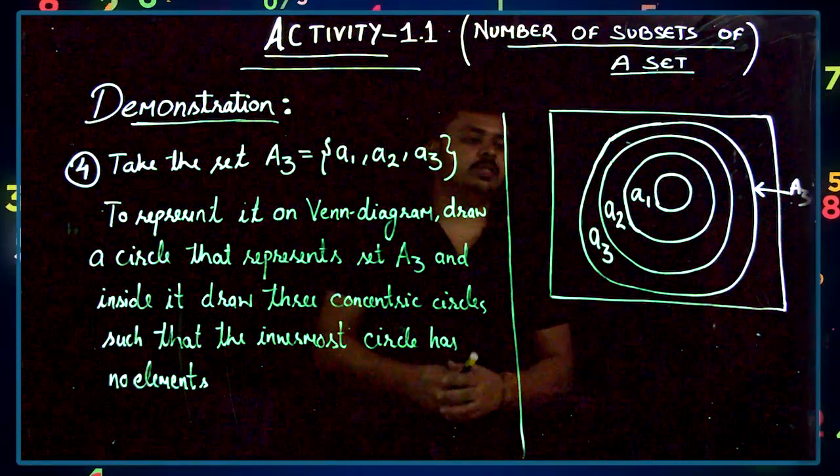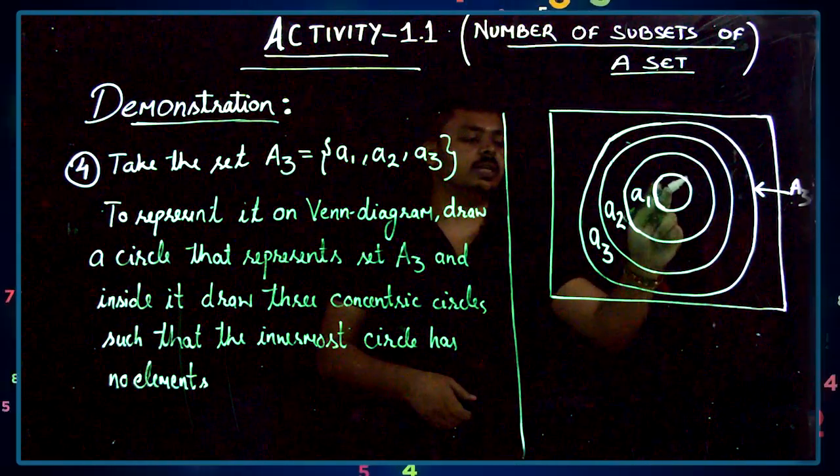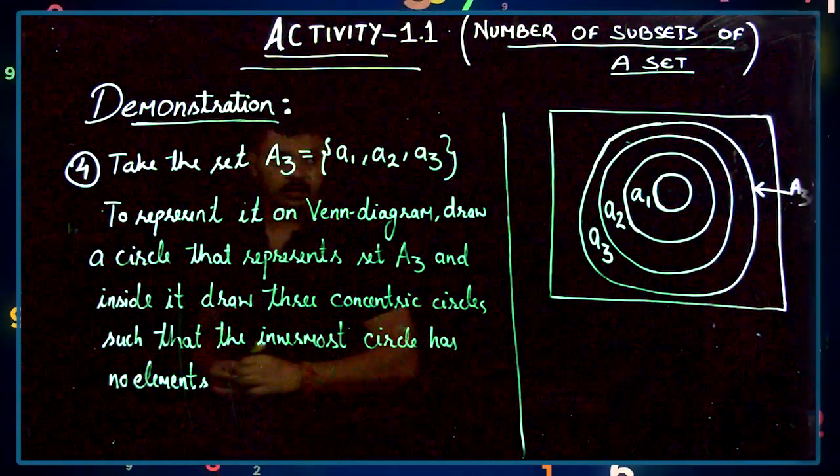So these are the subsets, and the innermost circle represents phi, or the null subset.